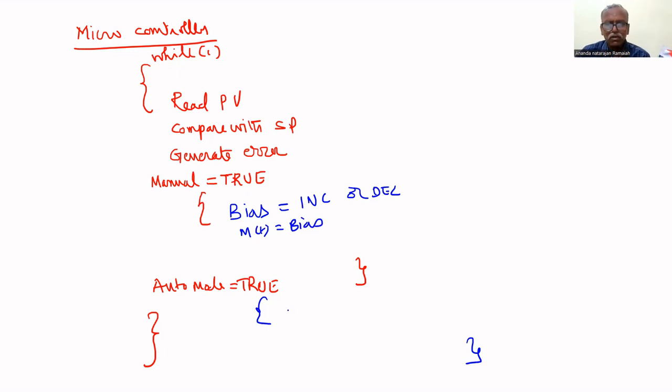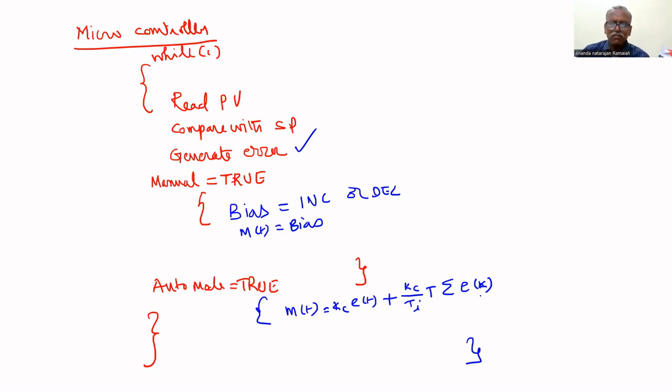In auto mode, we have to calculate based on the error. Already error is calculated. So M of t equals Kc multiplied by E of t plus the integral term. In the microcontroller we cannot do the integration, so integration has to be approximated to summation, that is sampling period T multiplied by the sum of E of k.